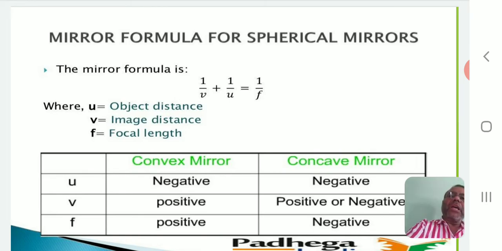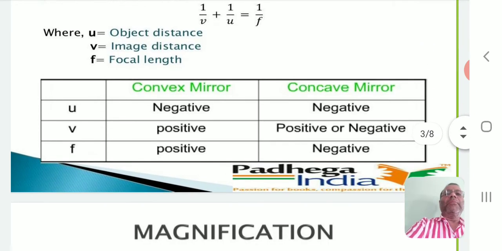As we have discussed two types of spherical mirrors, convex and concave. In both these cases, in tabular form, it is given which sign will be applicable. So very clear. As far as u, the position of object, is concerned, in case of convex mirror it is negative, and in concave mirror also it is negative.